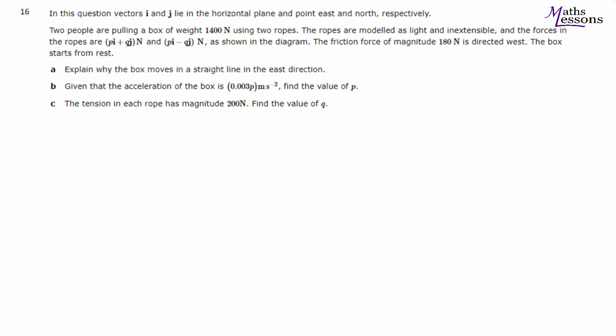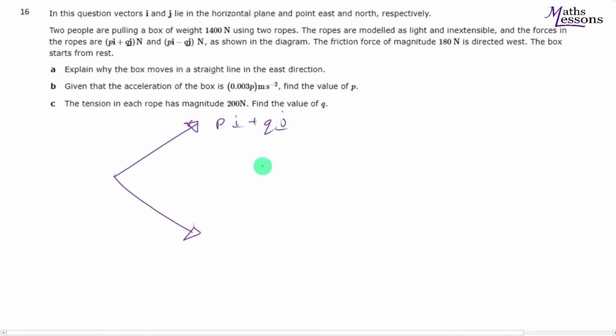That should have given you a good chance to have a good go at this question. Let's go through it. If we draw the two vectors in, this one is going to be Pi plus Qj, and this one is going to be Pi minus Qj going downwards. We're also going to have a frictional force of 180 newtons directed west.